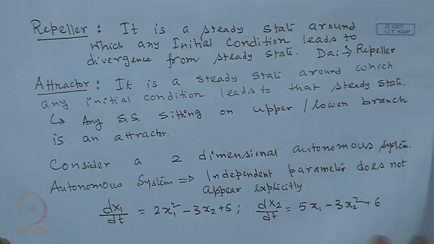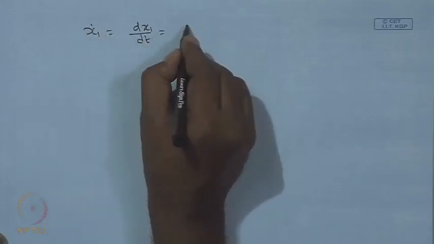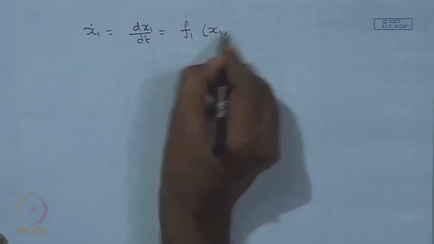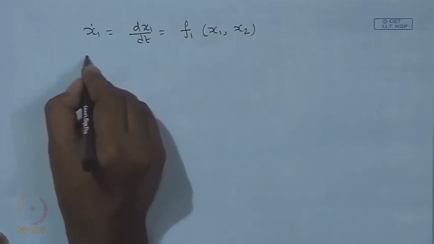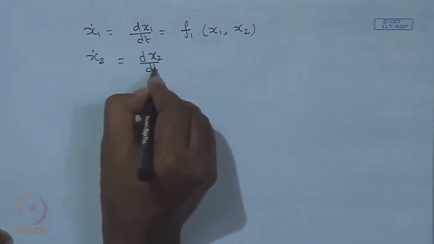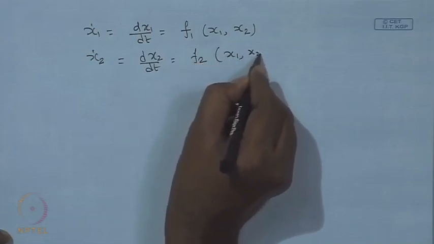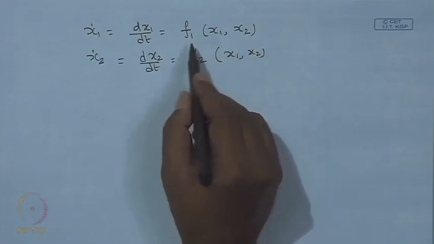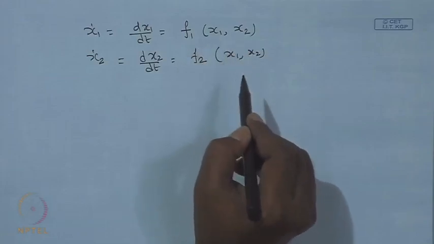Now, let us consider an autonomous system where x1 dot is equal to dx1/dt, and in general this will be a function of x1 and x2, and in the second equation, x2 dot, which is dx2/dt, is equal to another function of x1 and x2. The right hand functions f1 and f2 are not functions of t explicitly.